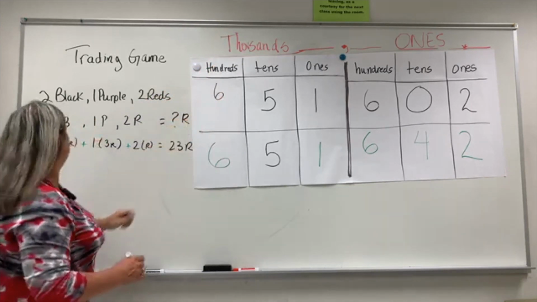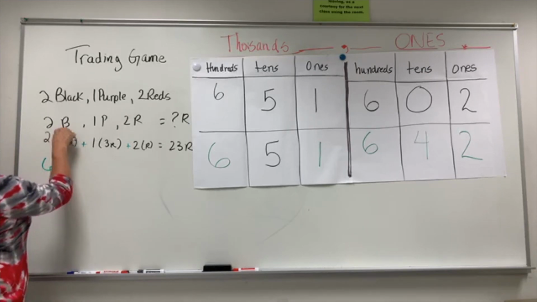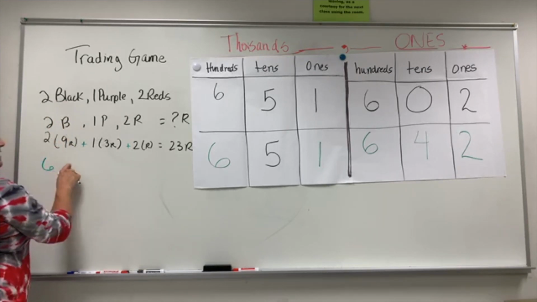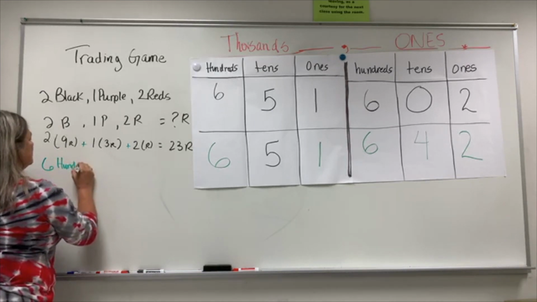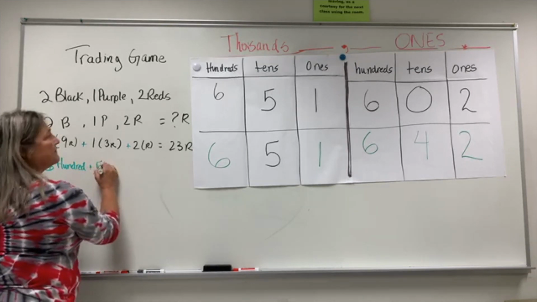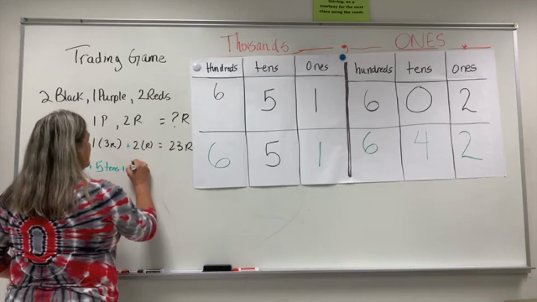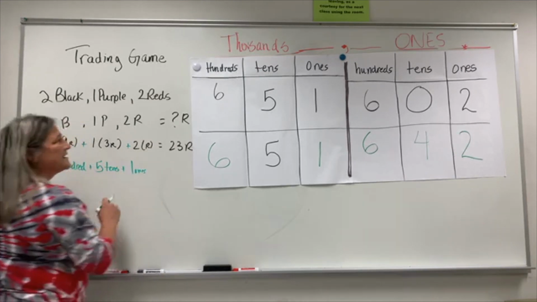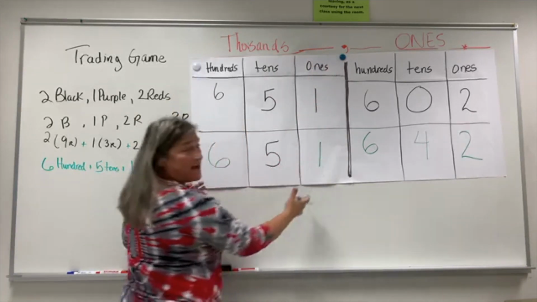So we have 6 hundreds, and we have 5 tens, and we have 1 ones. But that's all in this chunk of 1,000.